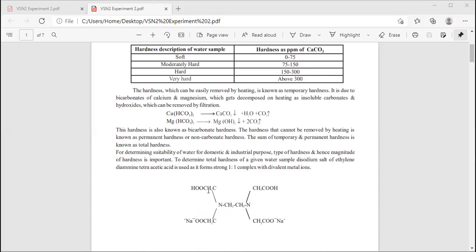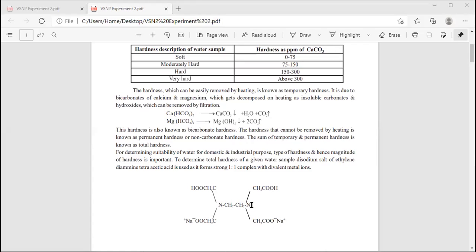So that is there. This is the formula of ethylene diamine tetraacetic acid. Ethylene means CH2 CH2 group, diamine means NH2 NH2 group. So the two hydrogens here and two hydrogens here we have replaced by the acetic acid group, CH2COOH, CH2COOH. Here also CH2COOH, CH2COOH.